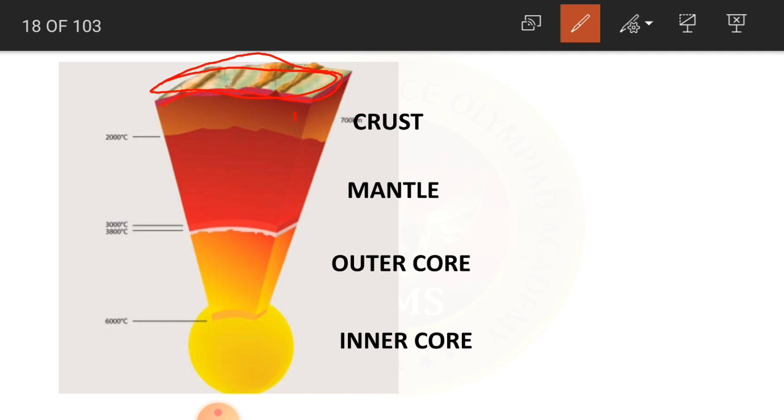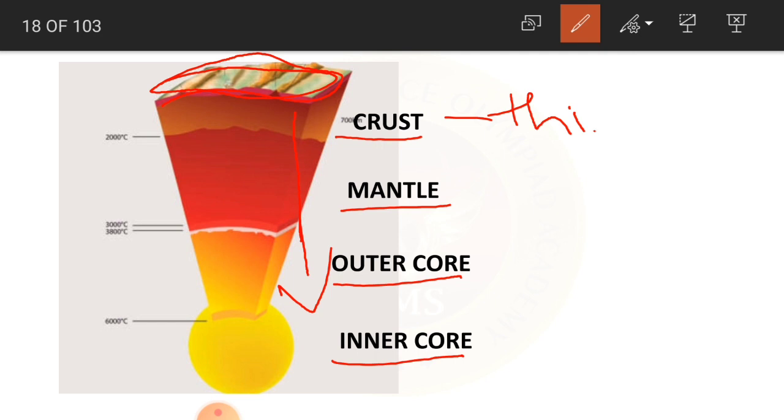Deep inside the earth you have these 4 layers. The first layer is crust, second is mantle, third is outer core, and the fourth is inner core. Crust is just a thin outer layer.